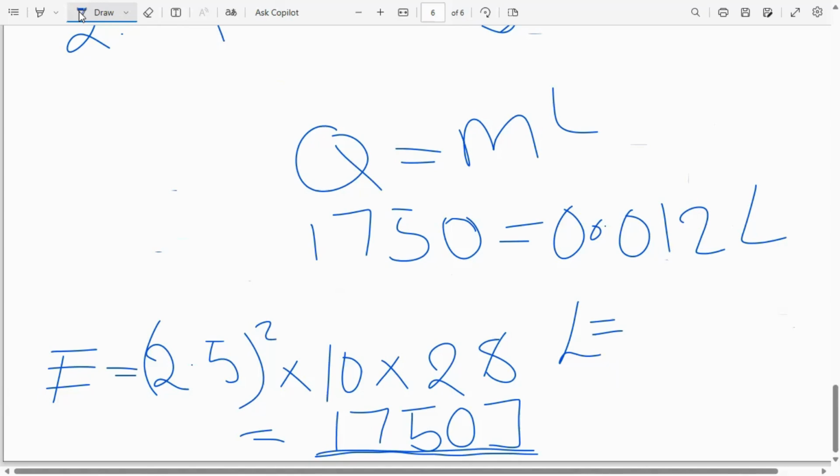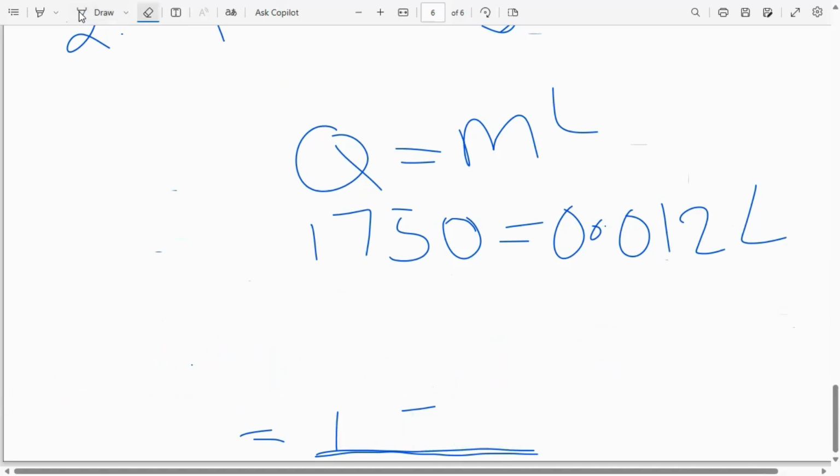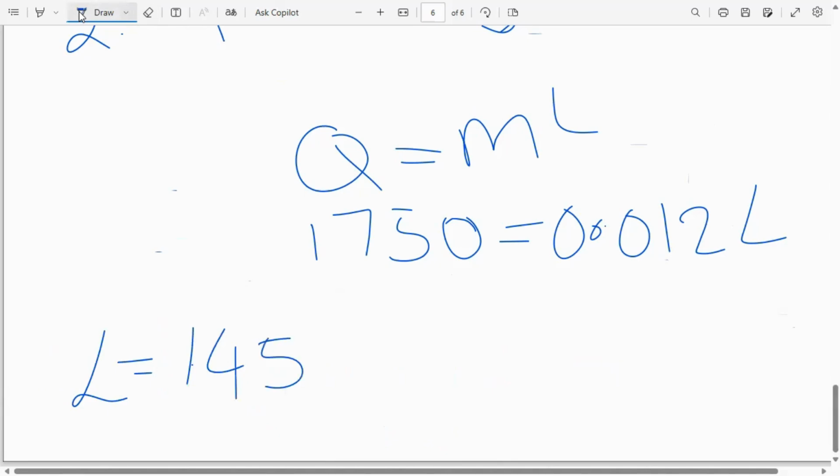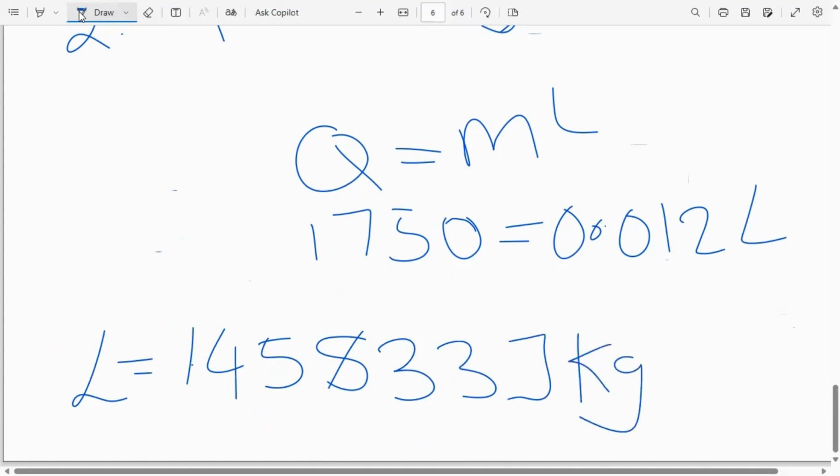Let me write it down here, it won't fit here. So L will be equal to 145 833 joules per kg.